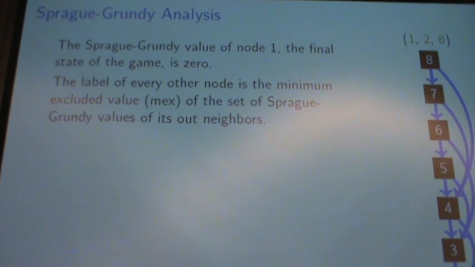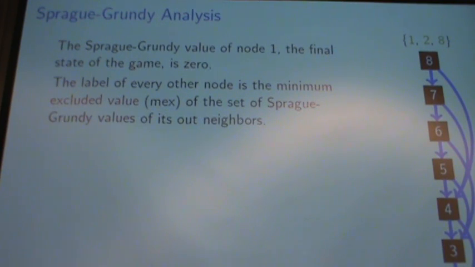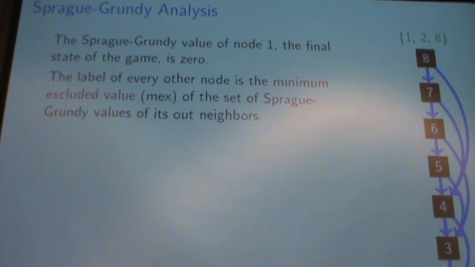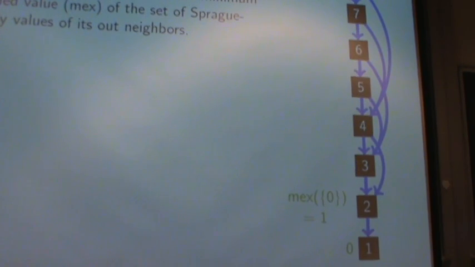The label of every other node is going to be the smallest non-negative integer, I should say, that doesn't appear as the label of one of its out-neighbors. So if I want to assign a label to 2, state 2 depends on state 1. The label at state 1 is 0. So the label at 2 is going to be the minimum excluded value over the set {0}, the smallest integer that doesn't appear, which is 1.